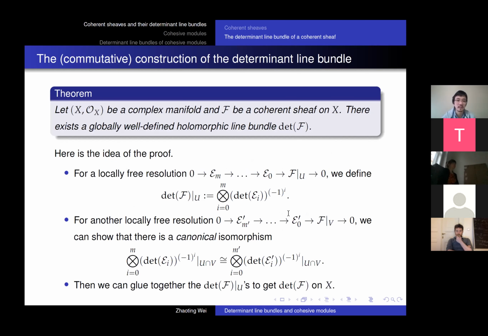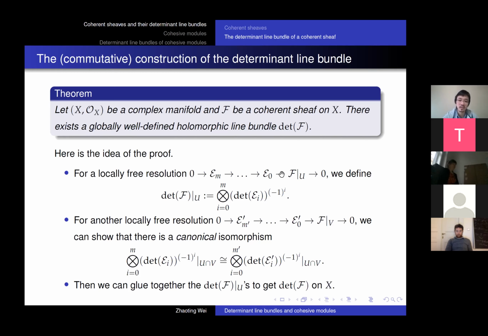Then with this resolution, how do we define the determinant line bundle? For a locally free resolution, we define the determinant line bundle locally on U by the alternating tensor product of the determinant line bundles of each of these components. Of course, this resolution may not exist globally and is not unique.